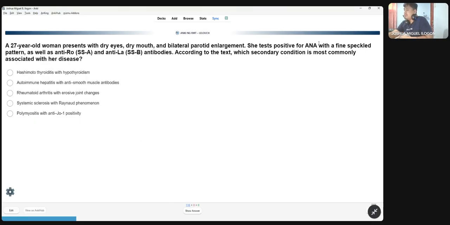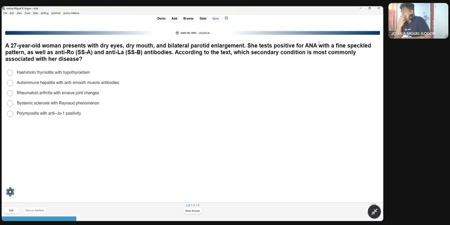Fine speckled pattern. Ro, La. Secondary condition is your... Anti-Ro, anti-La. Is this... So, bilateral parotid enlargement. Parotid enlargement.